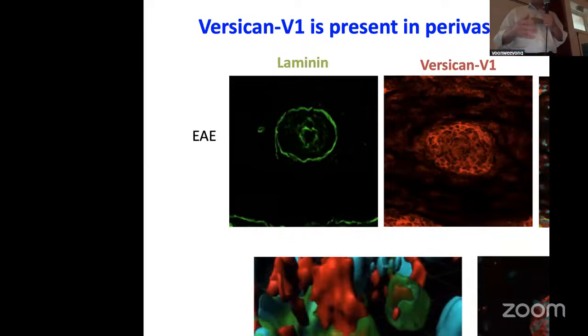This is also in MS as well, an active perivascular cuff with immune cells about to enter into the central nervous system, and in the perivascular cuff is where you see versican V1 expression. So is there a function? Can versican V1 or other CSPGs, if elevated, promote the activity and migration of cells into the central nervous system?